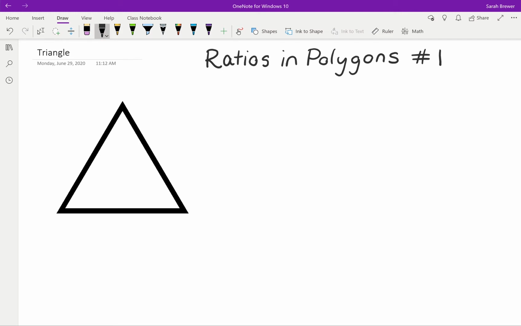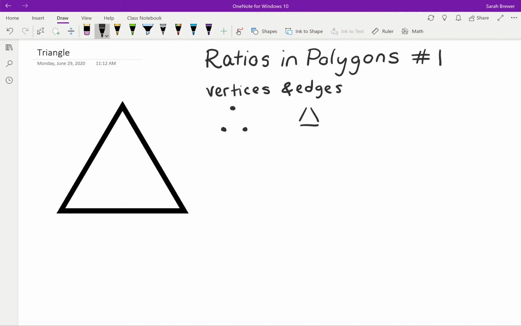So maybe the first thing we need to talk about is what we mean by a polygon. If we look at our triangle, which is the simplest such polygon, you have vertices and edges, right? Pretty straightforward. So these are your vertices and those are your edges.